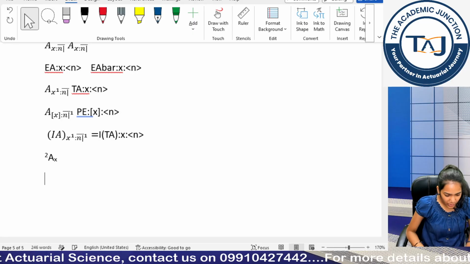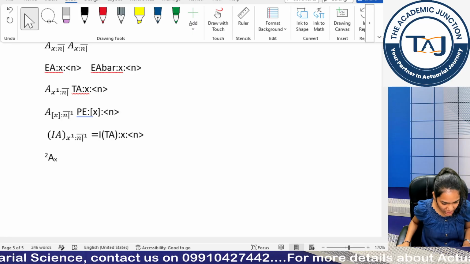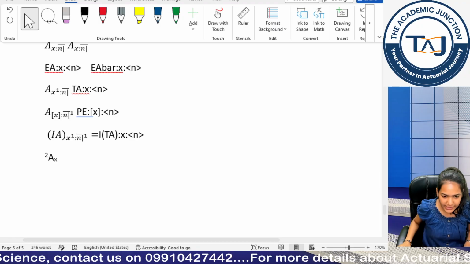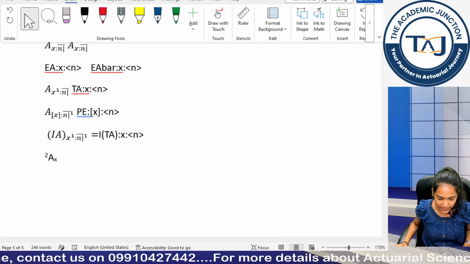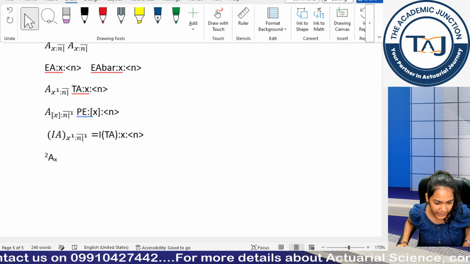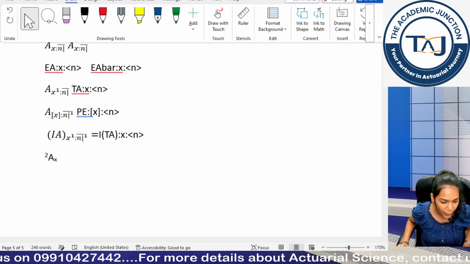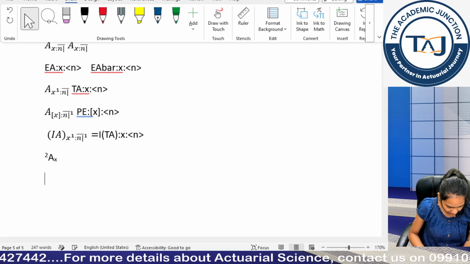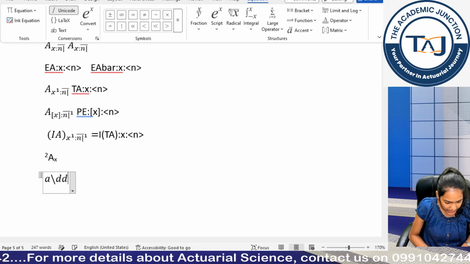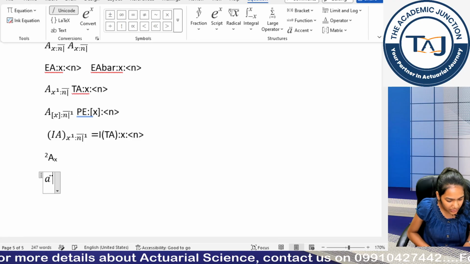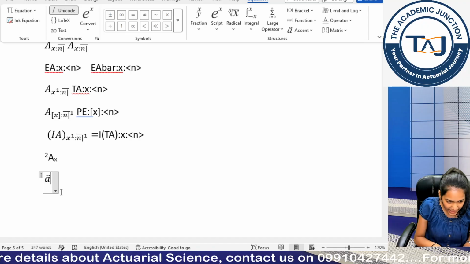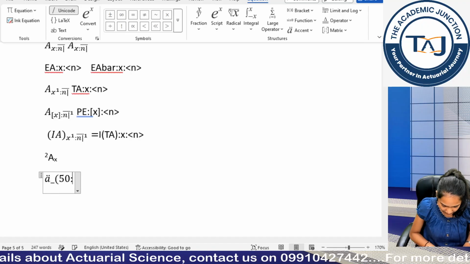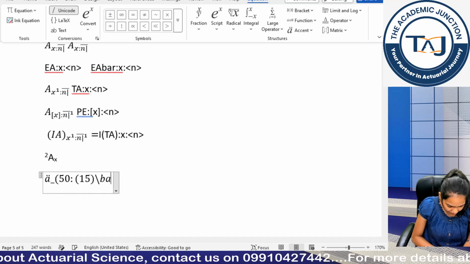Okay, so let me write one notation. Let me take the a double dot, the a due one. Let's take something in due format. So let me write a double dot, for which we have d dot, so space, then I have 50, for example I have 15 bar.